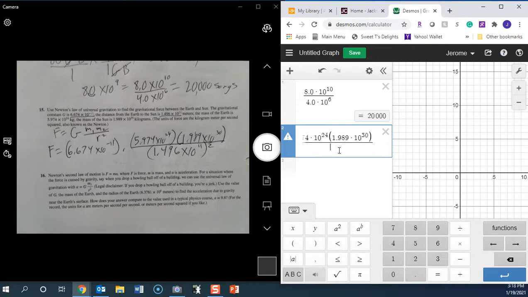Okay, now we need to do our denominator. We have 1.496. Let me put that in a parenthesis, because this has to be squared. 1.496 times 10 to the 11th power.